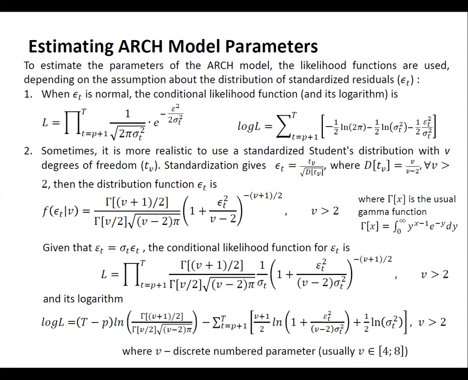Note that the ARCH model parameters are evaluated together with the ARMA model parameters. Therefore, we are already talking about the model not being just ARMA, but ARMA plus ARCH, and the evaluation of parameters for ARMA plus ARCH occurs simultaneously.